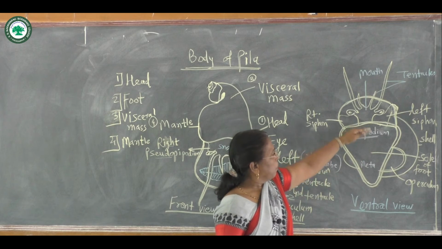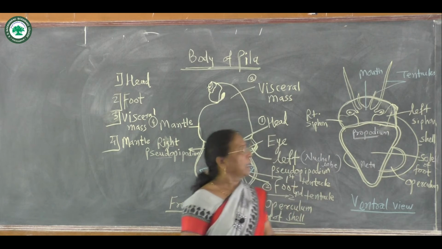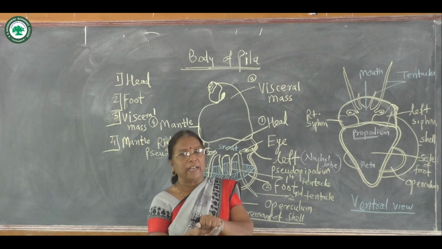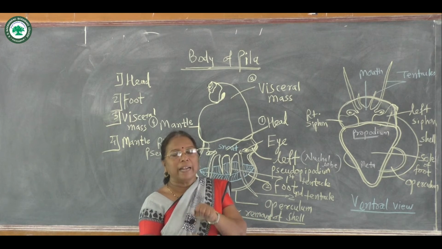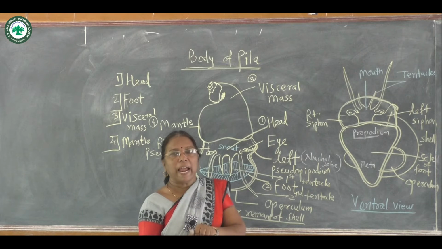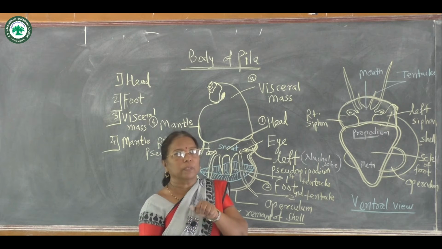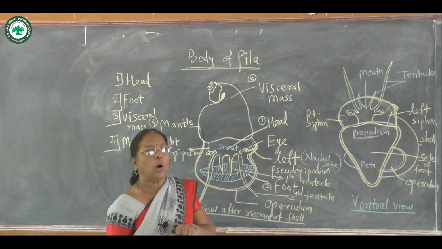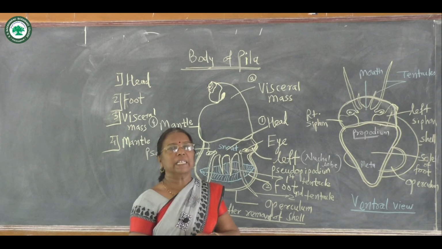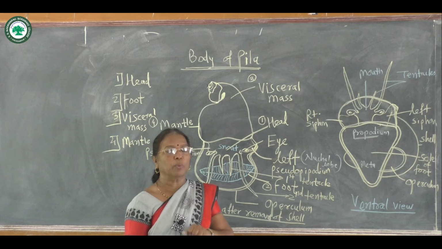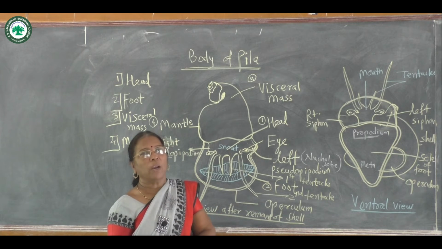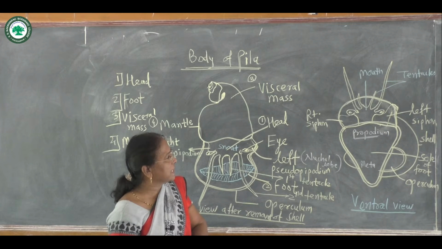This foot, which is a muscular organ, has a flat, broad ventral part, and in this flat and broad part of the foot is present the pedal gland or mucus gland. It secretes a slimy mucus secretion which is helpful for locomotion, or creeping on hard and dry surfaces.